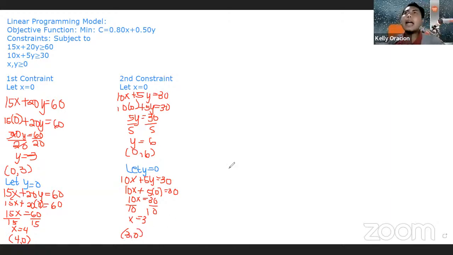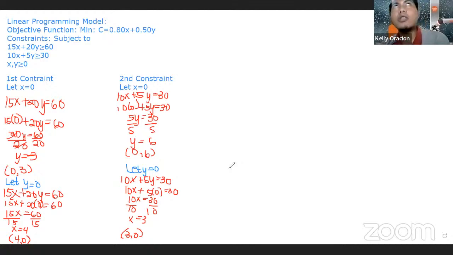Now, sir, which of these will we choose as the corner points? Sir, in minimizing, how many corner points do we have? There are 3 corner points for minimizing. If you have two constraints, there are 3 corner points.